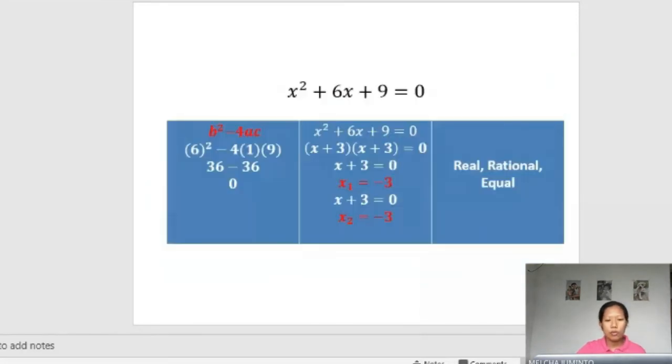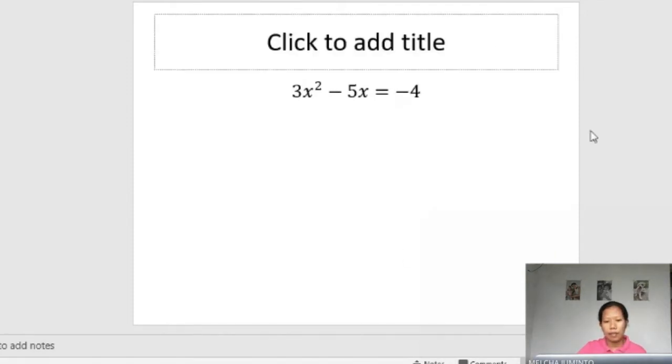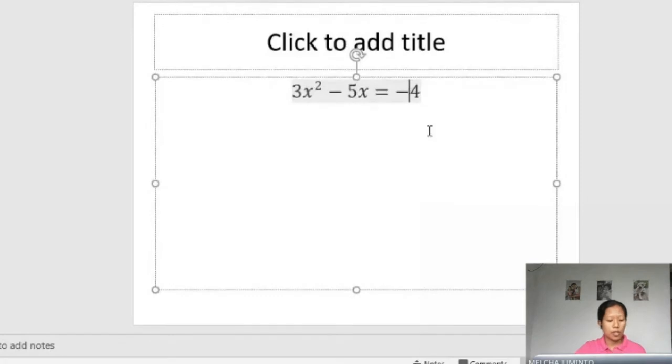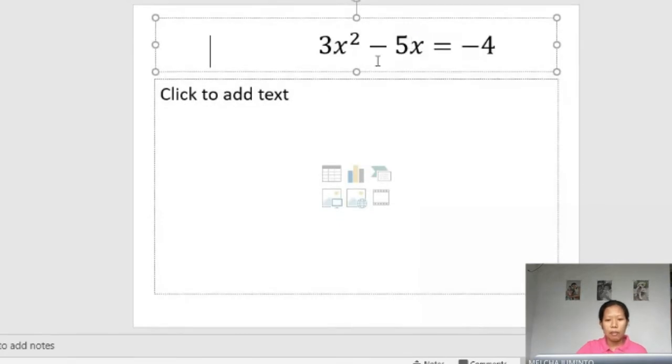Okay, let us move to some other examples about the discriminant. I will show you one by one, step by step, how the discriminant is solved. And after that, we will determine the nature of the roots.